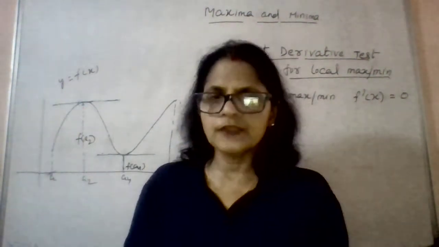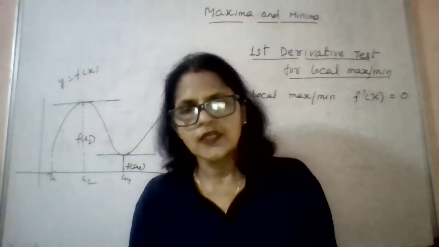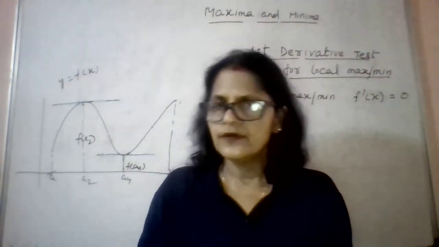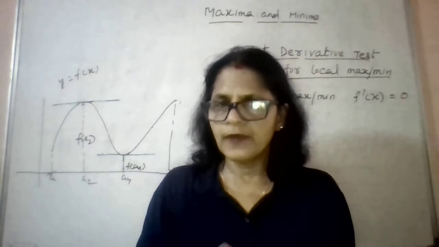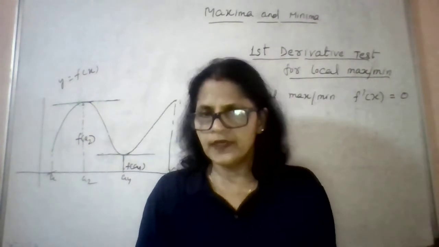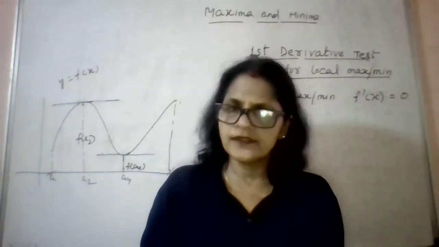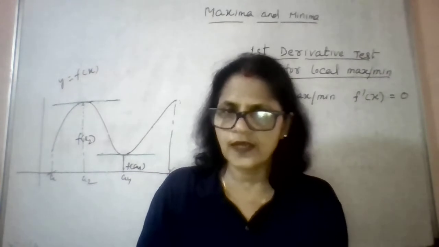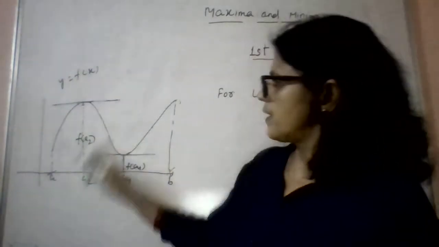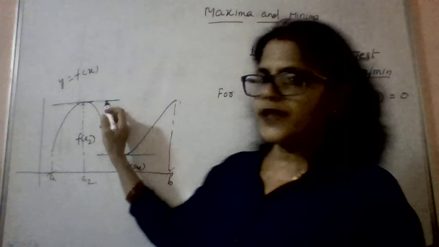So when the tangent is parallel to the x-axis, the slope of the tangent is equal to 0, because any line parallel to the x-axis has slope 0, since the slope of the x-axis is 0.